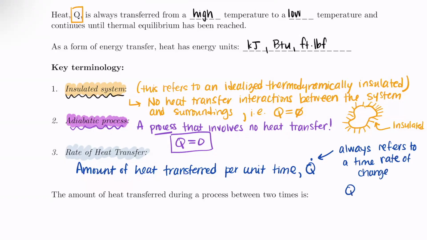So for example, Q dot is dQ/dt. And then if you see a dot appear over anything else, it also implies a d/dt. Since it's a time rate of change, then our units are going to be kilojoules per second, which is equal to a kilowatt. Or we can also use BTUs per second or BTUs per hour, for example.